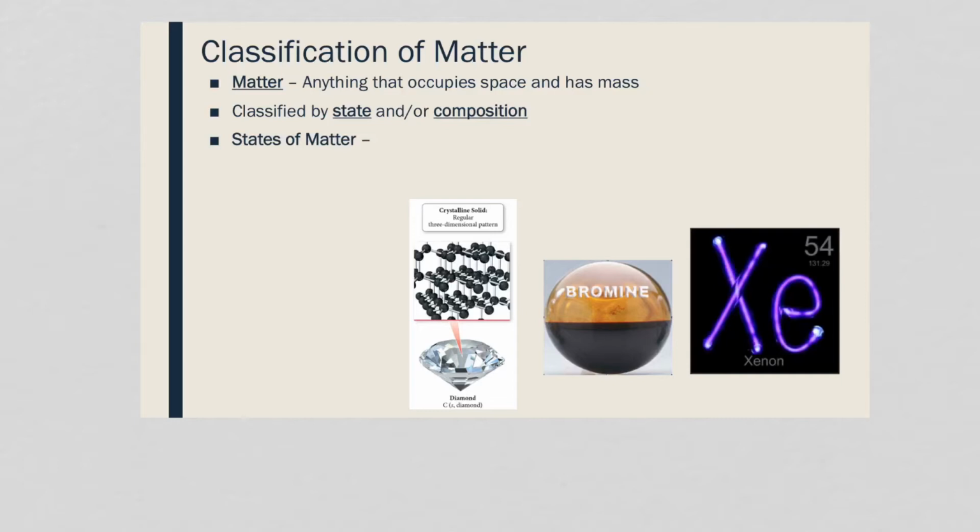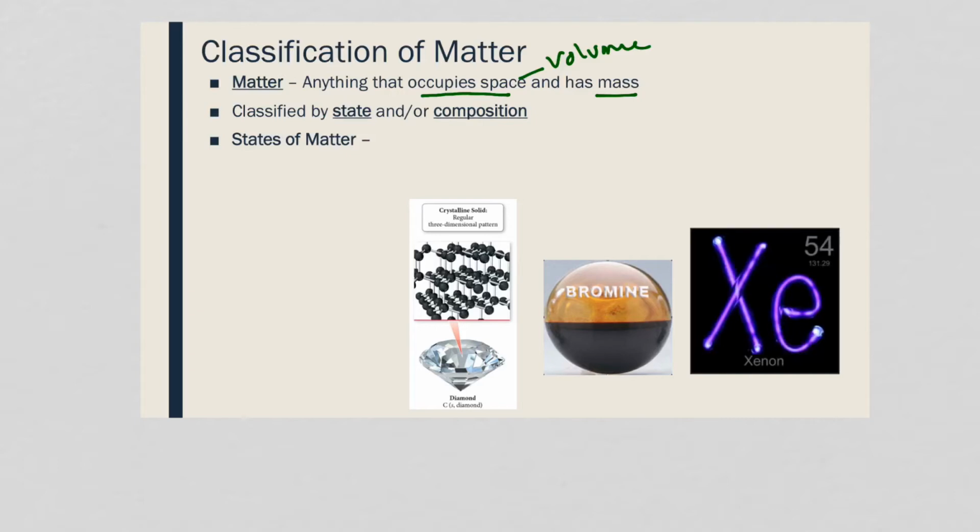Very simply, it is anything that occupies space and has mass. Sometimes we say it has volume, so anything that has volume and mass, volume being that it occupies some space. This may not be very much volume or mass, but there will be some.